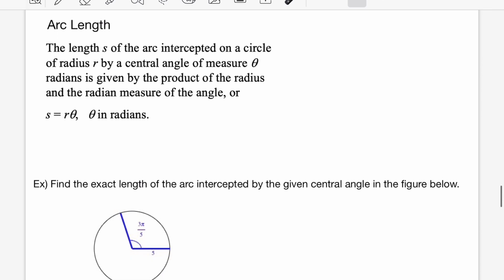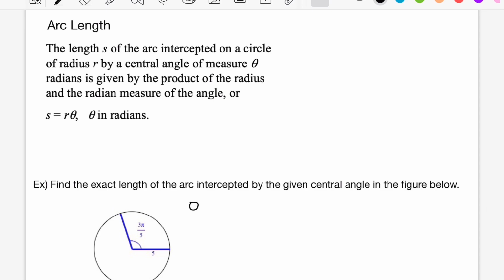So, for example, if you want to find the exact length of the arc intercepted by the given central angle in this figure below here, we'll use that formula. So in this case, it might be a little bit hard to see here, but theta is given by this angle here, and it's 3 pi over 5.